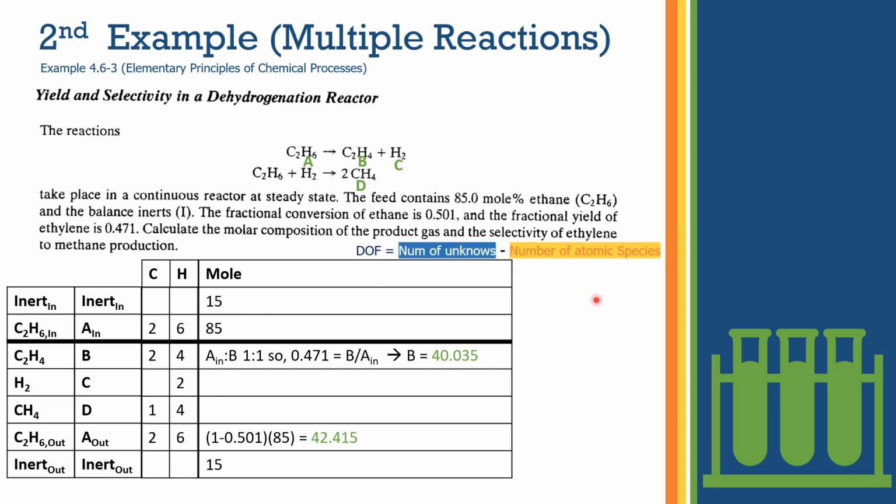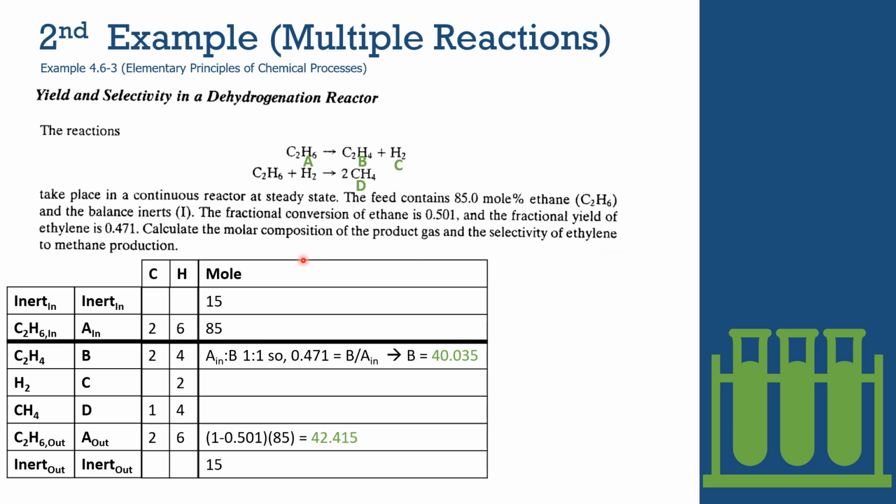Okay, now the degree of freedom. If you remember, after plugging in all given information and moles, we have two unknowns, the moles of hydrogen gas and the moles of methane, and we have two atomic species which are carbon and hydrogen, so the degree of freedom is 0, so the question can be solved. Now we are ready to perform the atomic balances.